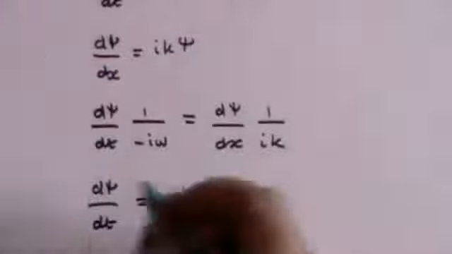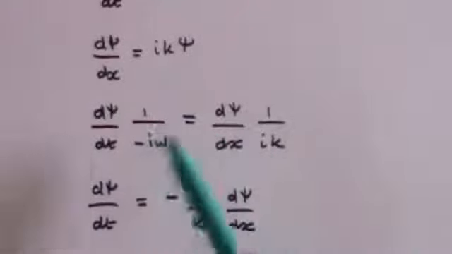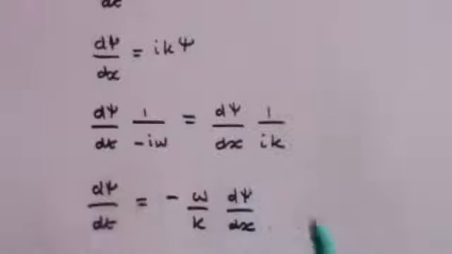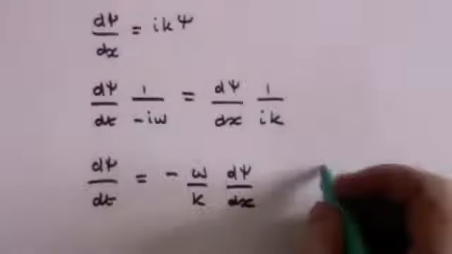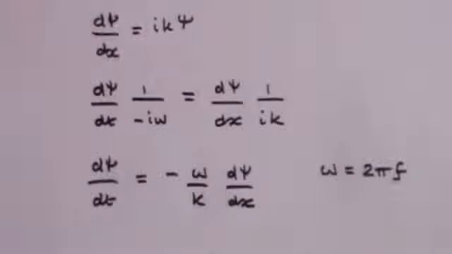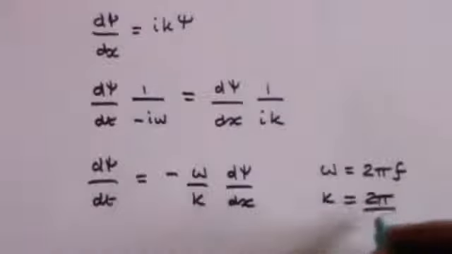And if you want to, of course, you can leave the i's in, but I'll take them out at the moment. The two i's obviously will cancel, but a little bit later on we'll be putting them back in, you'll see why. But just for the moment, let us just remember that omega is 2 pi f, 2 pi times the frequency of the wave, and k is 2 pi over lambda.